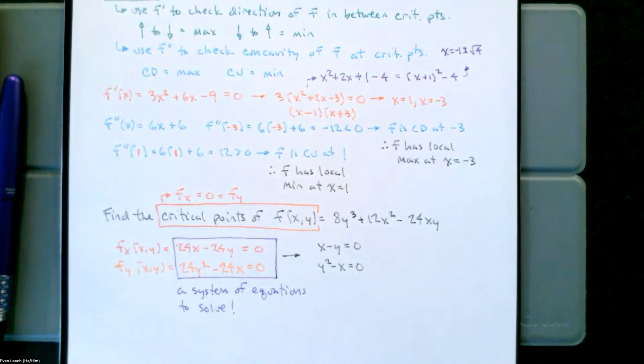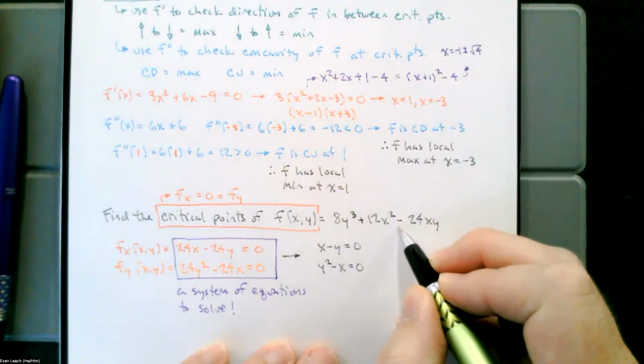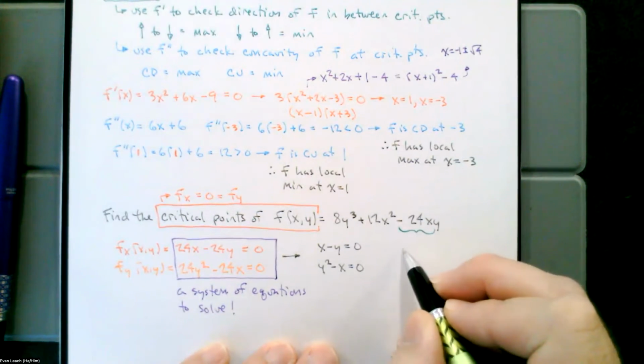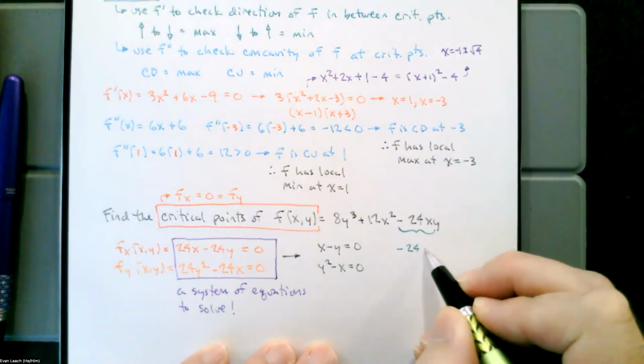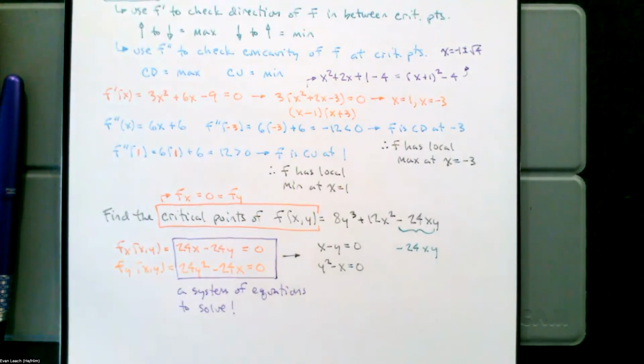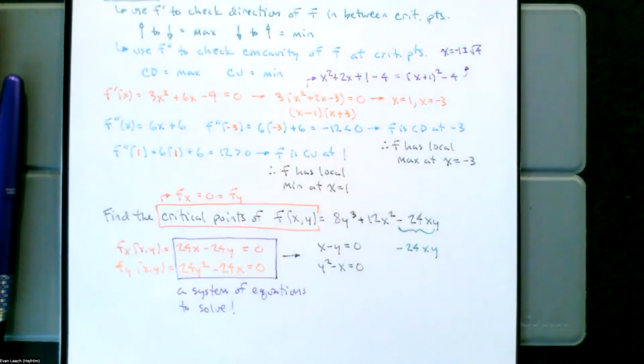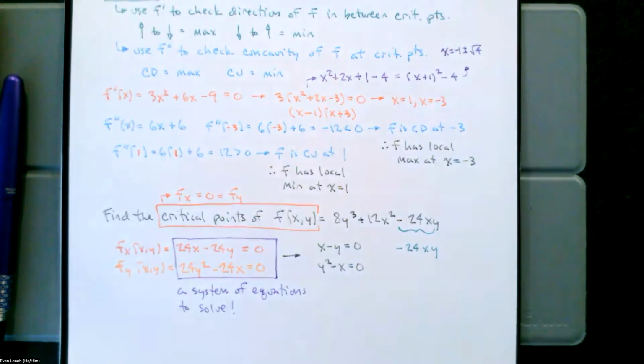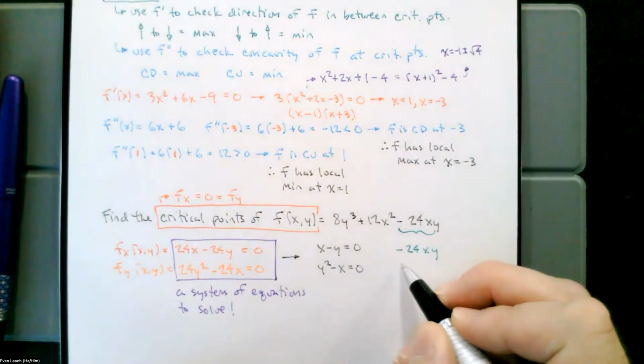They're constant factors. Just focusing on this term here, negative 24xy: negative 24 is a constant with respect to any variable. But for fx, y is a constant factor. It's being multiplied by the x. And in fx, we think of y as being constant.